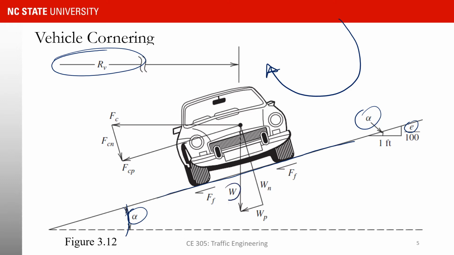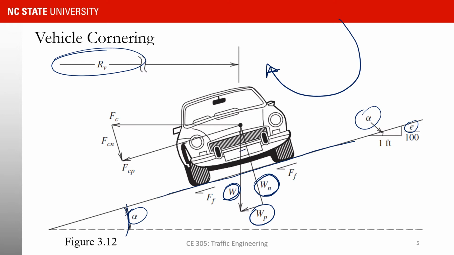Here I'm showing you the weight, and we have the normal and also the horizontal components of the weight. We show the normal component by Wn, the horizontal component by W sub P. So what is the value of Wn?